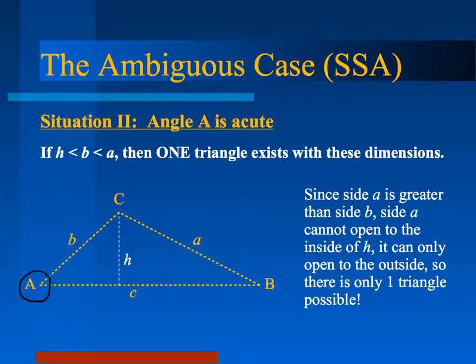I could have two triangles when A is in between B and H. I could have no triangles when A is too short. So I need to consider this H value. I have to find that. And if we think back, H equaled B sine A. So I have got to find that and compare it to A and B.